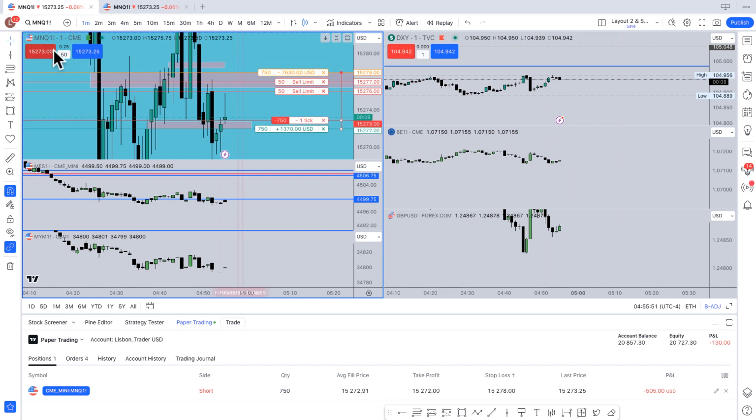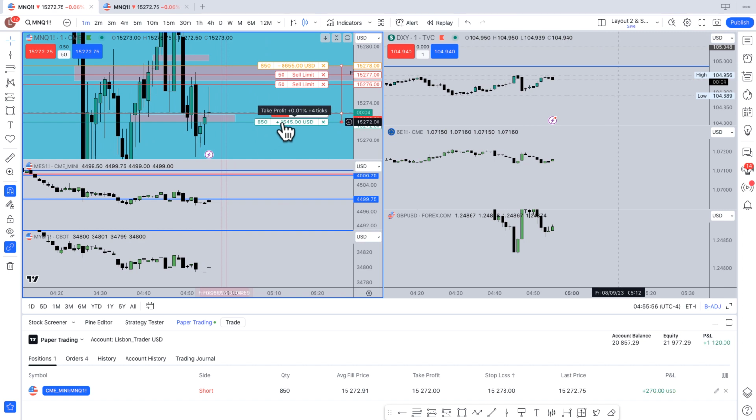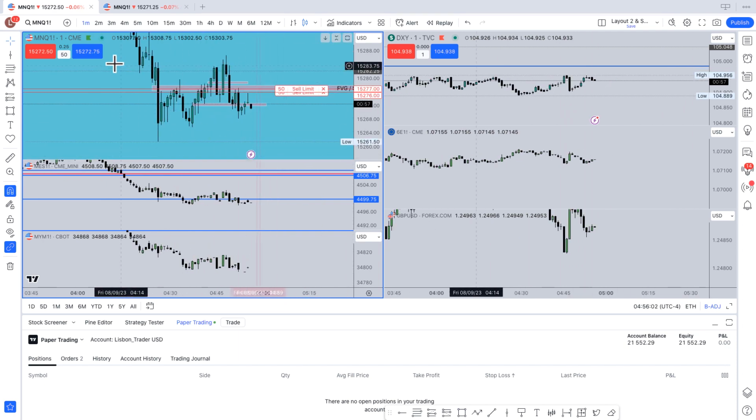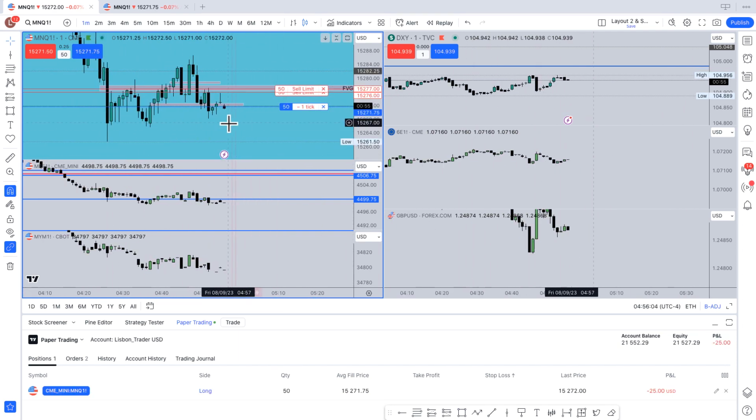Stop goes here. Buying, buying. To get out of this one. Okay. So now it's going possibly up. Let's put 50. And the stop down here.